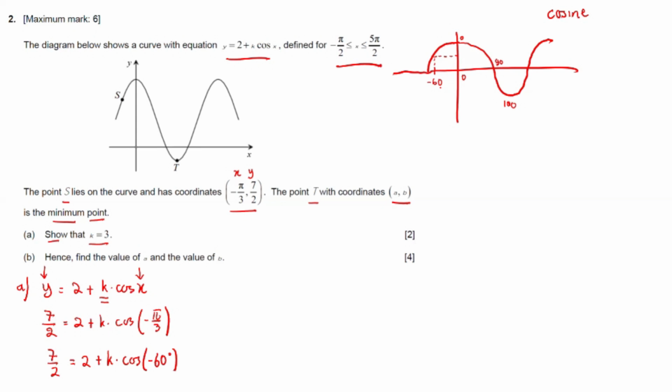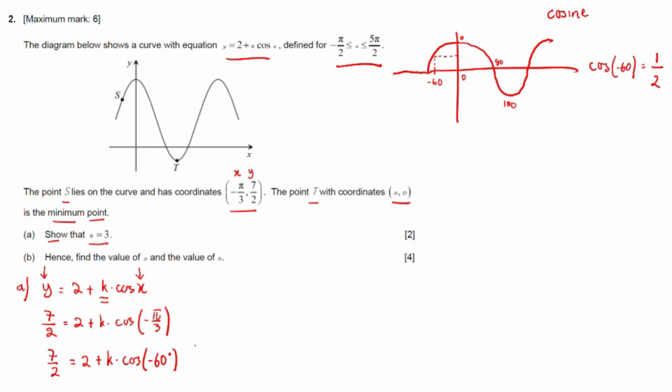Since we're a little bit closer to 0 than to cos negative 90, it means that cos negative 60 is going to be 1 over 2. Oh, sorry, not negative, but positive 1 over 2 right here.